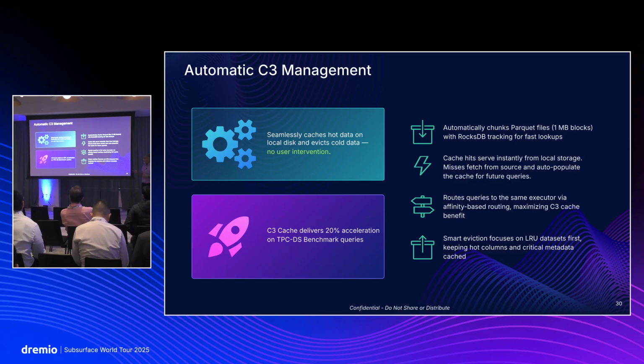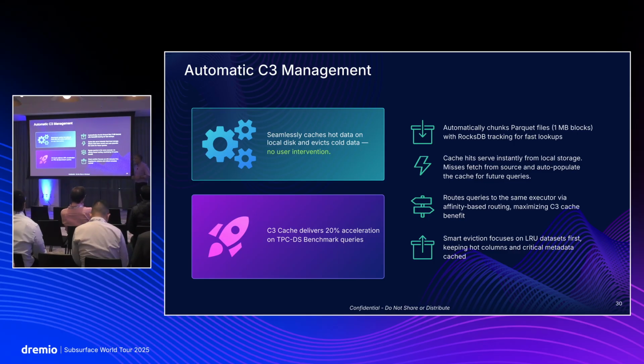This feature is available for Parquet datasets. Because the local stores are relatively smaller in size compared to object stores, instead of caching the entire file, Dremio caches blocks of files, chunks of 1 MB, and it also uses affinity-based routing. That means the executor that is processing a block is the executor that has the block. This helps in maximizing cache benefit.